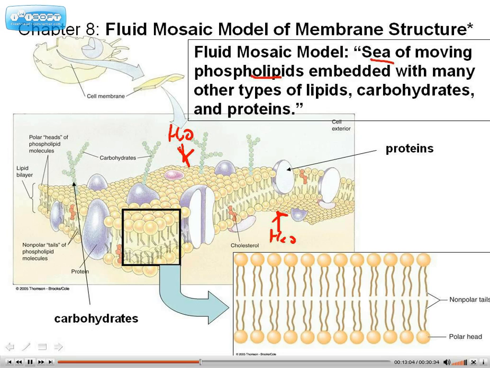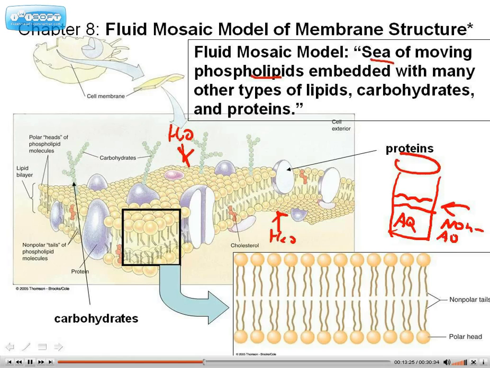But what I often like to do is think of this as if I have an aqueous solution, and then I might have a layer of fat, and this would be a non-aqueous layer in between.